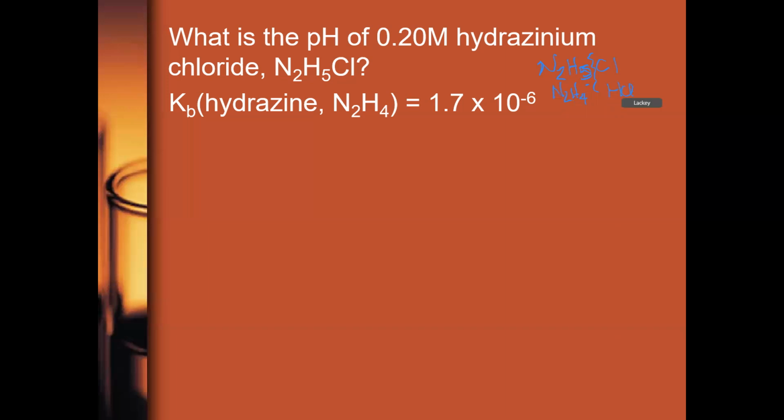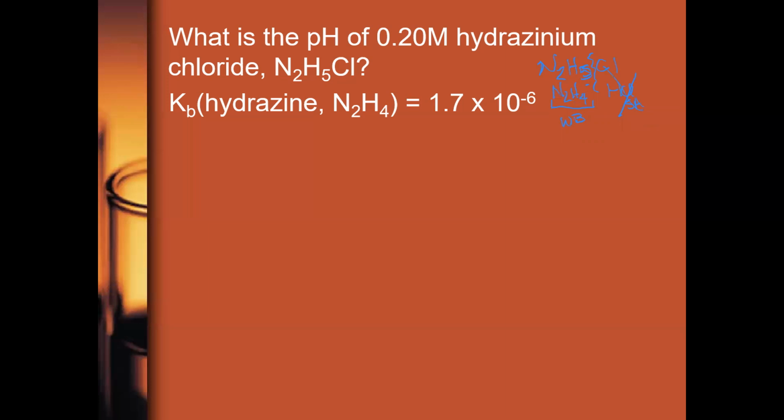The hydrazine is going to act as a weak base because it's not on our strong base list, while the hydrochloric acid acts as a strong acid. Therefore, that would cancel out and be neutral.